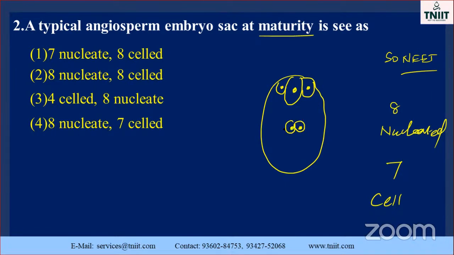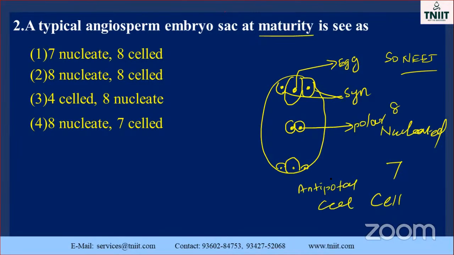These two are called synergid cells, as in the previous slide we also saw. This one is called the polar nucleus. Then on the opposite side there are also 3, and each one is also called antipodal.